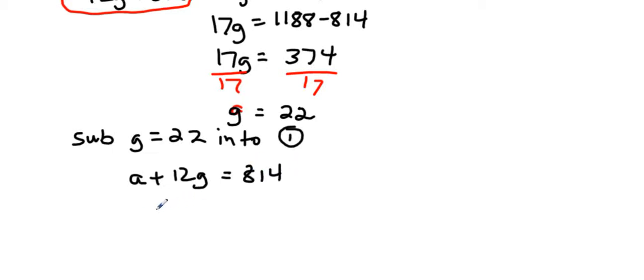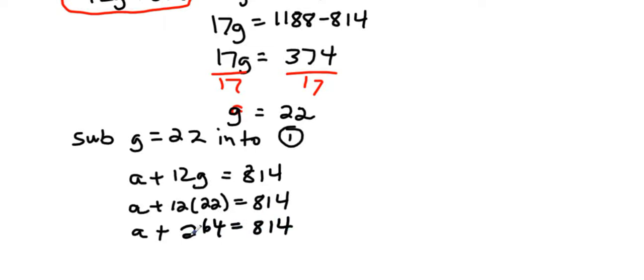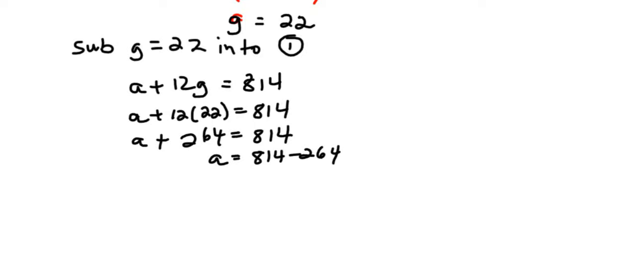So I'm going to substitute in 22 for G. It's 264. Going to get A by itself by moving that 264 to the other side. You get A equals $550.